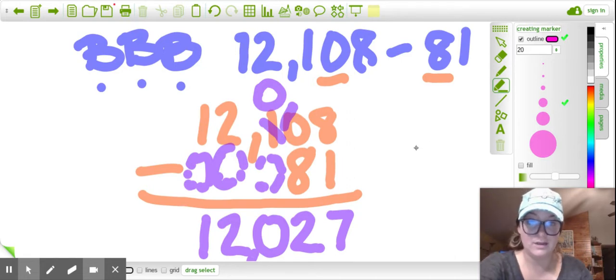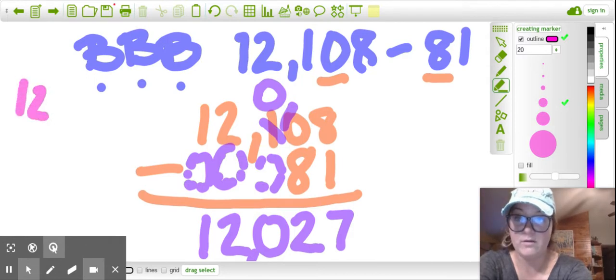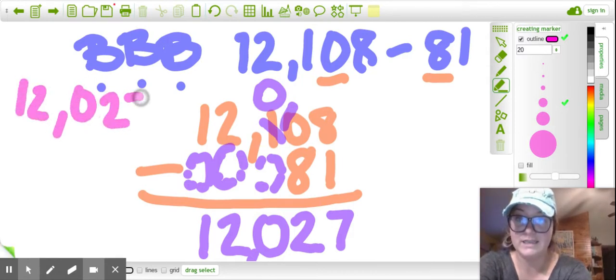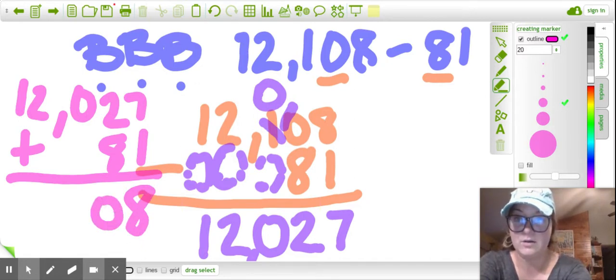Let's go ahead and do a little side math here and double check ourselves. So 12,027 plus 81. Let's see if we did this right. 7 plus 1 is 8. 2 plus 8 is 10. 0 goes down. 1 flies up. 1 plus 0 is 1.